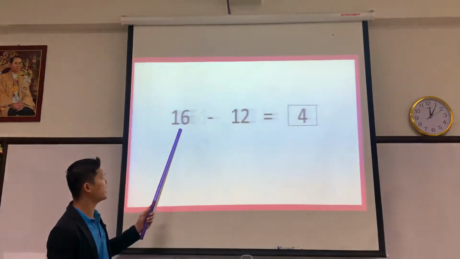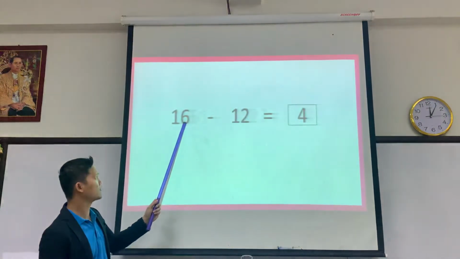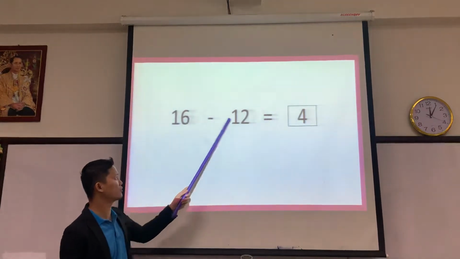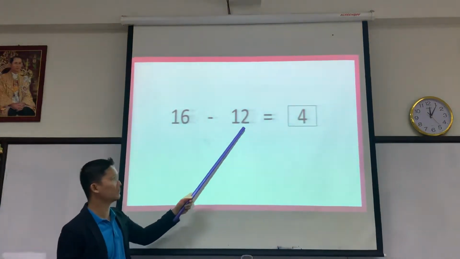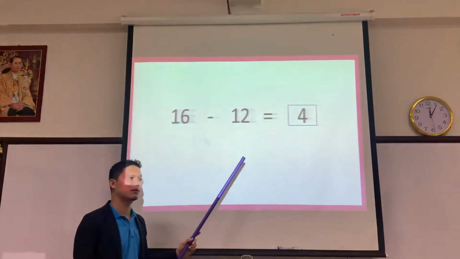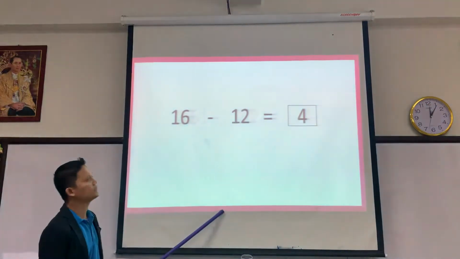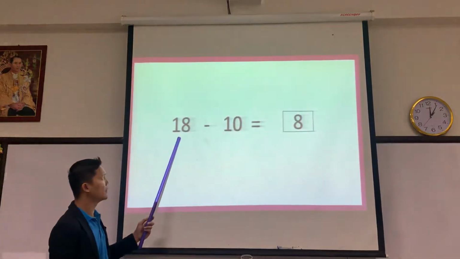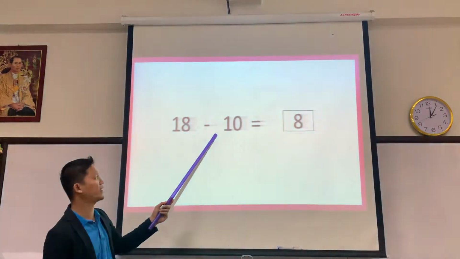Next one, 16 minus 12. We subtract again: 6 minus 2 equals 4, and then 1 minus 1 equals 0, so no need to write 0. Next, 18 is our minuend and our subtrahend is 10.